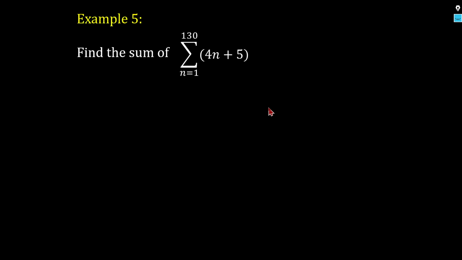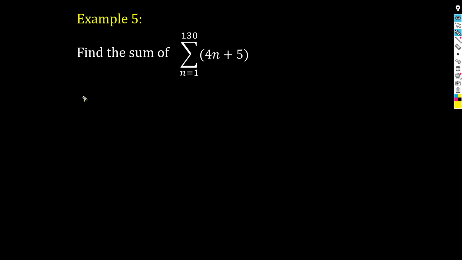And last, find the sum of the summation as n goes from 1 to 130 of the expression 4n plus 5. Okay? It looks like I will need a calculator here. But let's see. I do not know the nth term, but I can evaluate it. Let's use the second formula, the one that uses the common difference.